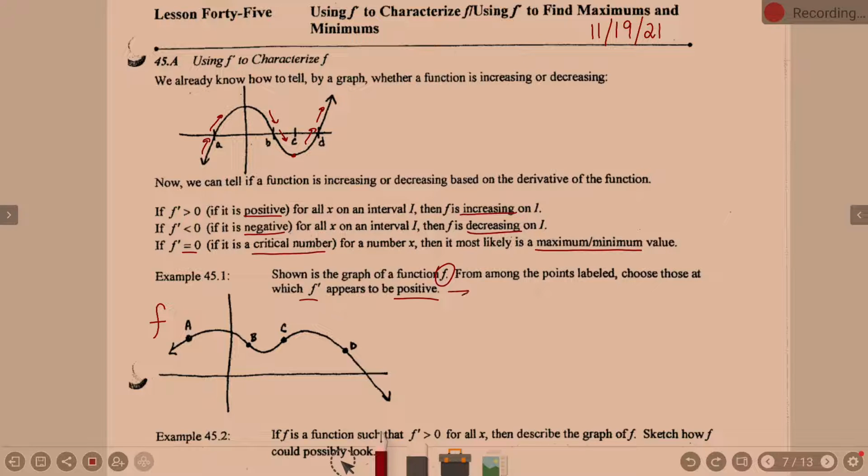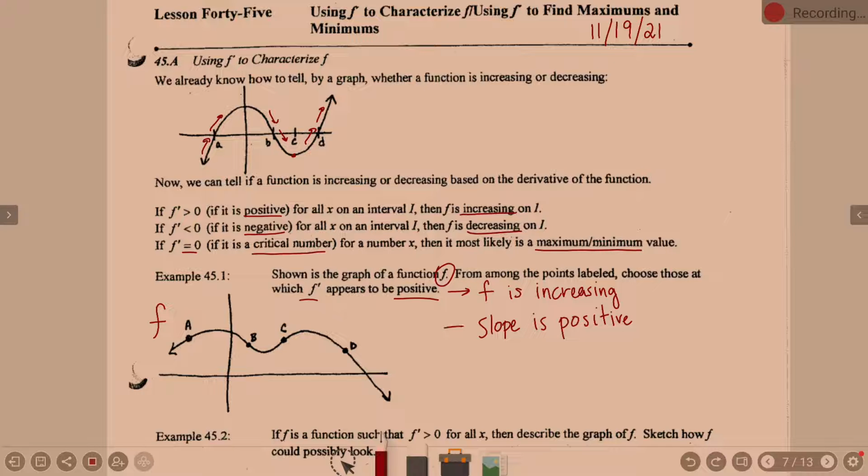Officially, we should be looking for where f is increasing. But f is increasing is the same thing as saying where the slope is positive. So you could also think of it as slope being positive.